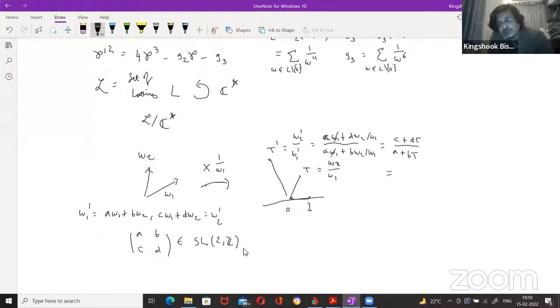So this is equal to some gamma of tau, where gamma belongs to PSL2Z. So the space of lattices modulo C star can be identified with the upper half plane modulo the modular group, PSL2Z, acting by Mobius transformations.